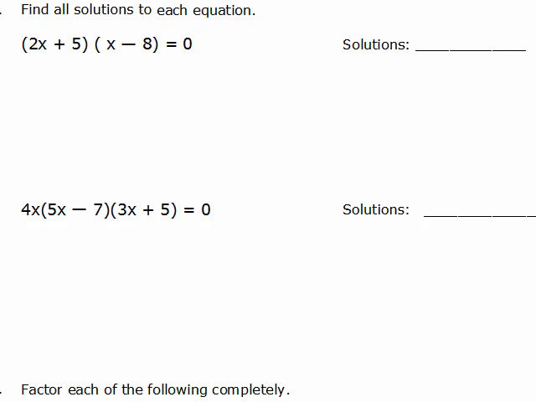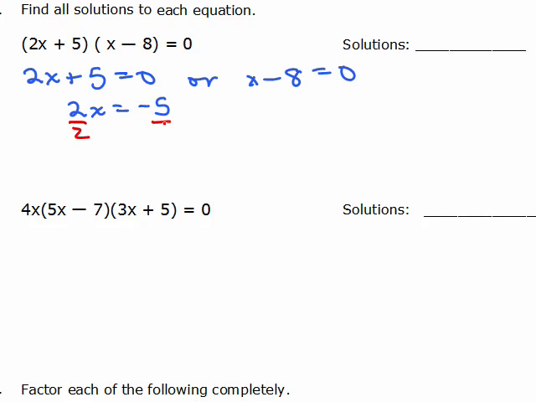Find all solutions to each equation. Well, for part A, this is factored and equal to 0, so that means one of the factors has to be 0. So either the 2x plus 5 is 0 or x minus 8 is 0. So we just solve each of these. 2x is negative 5, which means x could be negative 5 halves, so that's one solution.